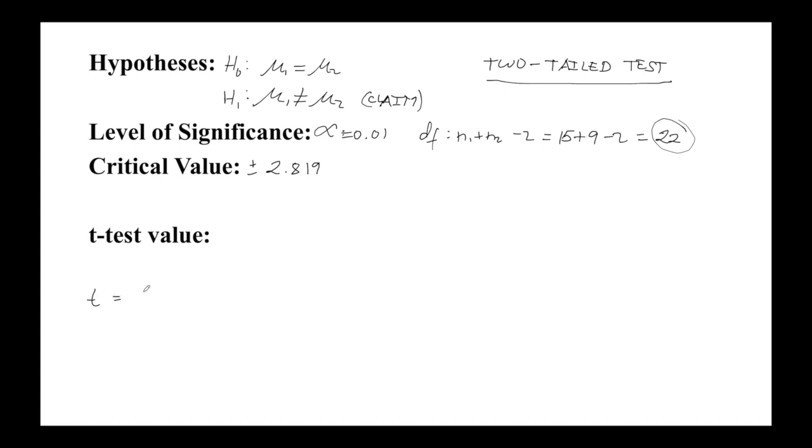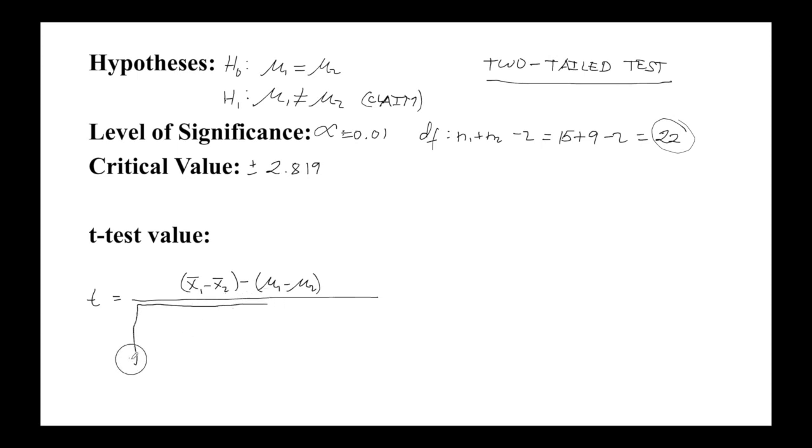That is basically t equals x bar sub 1 minus x bar sub 2 minus the difference of the two populations, mu sub 1 minus mu sub 2, all over, as you can see, almost the same as the formula on our previous topic, but there is a difference in the denominator. All over square root.